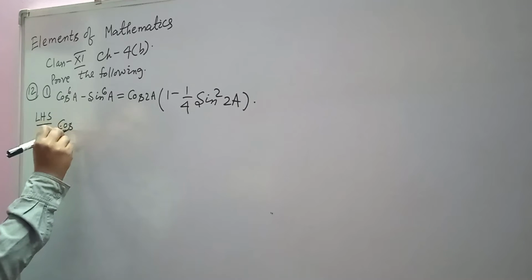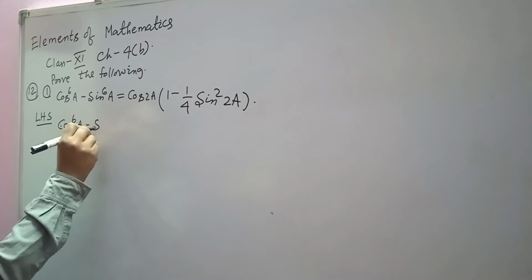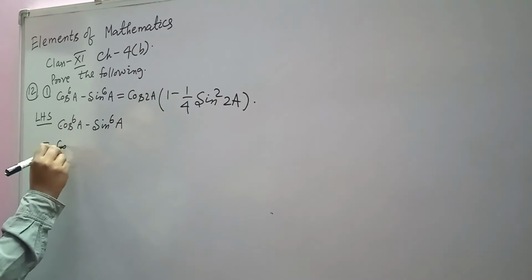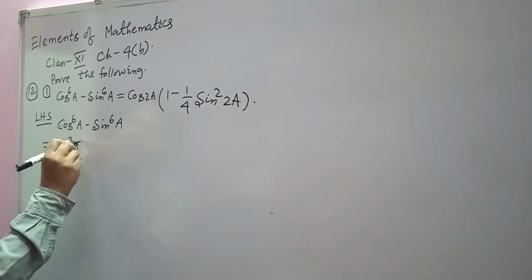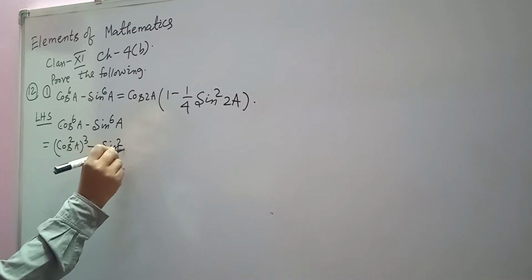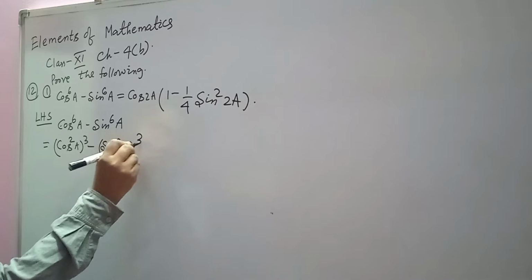cos^6 a minus sin^6 a is equal to (cos^2 a)^3 minus (sin^2 a)^3.